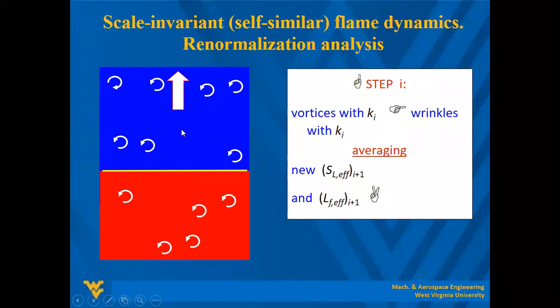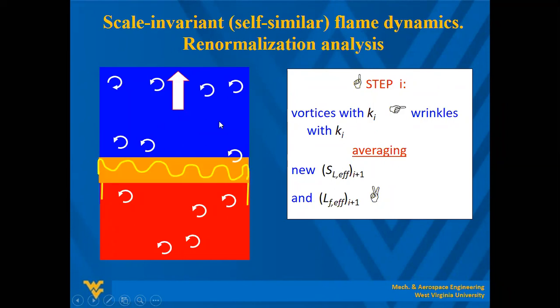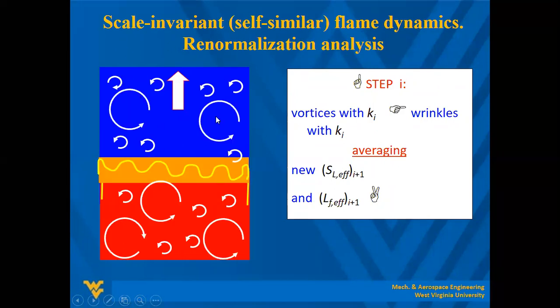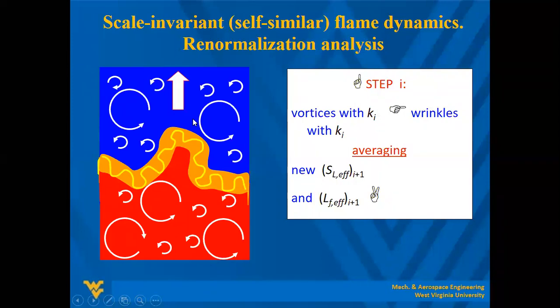They provide some corrugation of my flow. Let's say these vortices are described by my spectral density, E of k. Then I have other vortices of larger size. They provide extra corrugation, and so on. When I integrate over all these vortices, I will have my total contribution of turbulence.